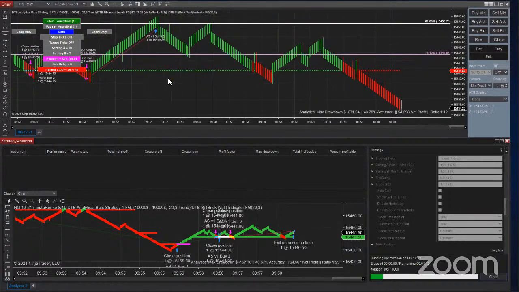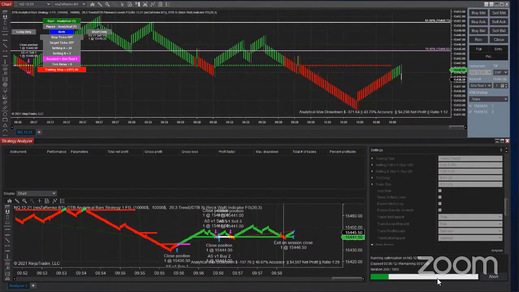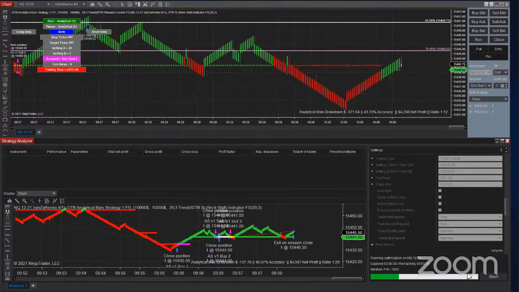That would have been in a winning position right now, around that level. Coming back to retest the 76.4.